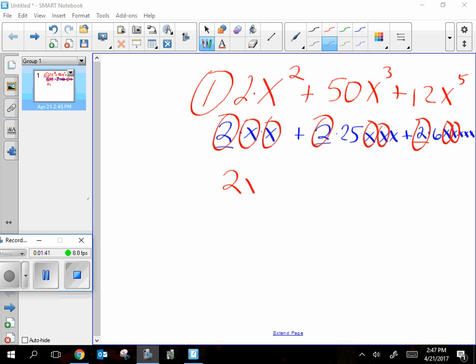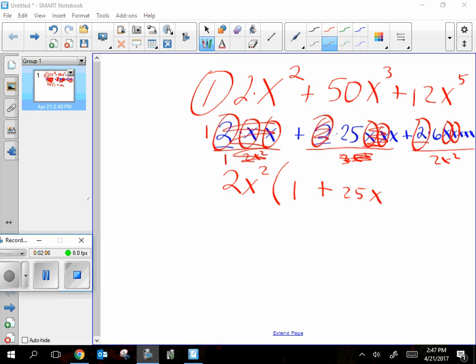So then the 2x squared comes out to the front, and what do I have left? Well, when I divide this by 2x squared, and this by 2x squared, and this by 2x squared, here's what cancels. Everything cancels here, but when it's canceling, it really is turning into a 1. So that's a 1 plus, this 2 cancels this 2, the x squared cancels the x squared, and I have 25x plus, and then this 2 cancels the 2, and the x squared cancels the x squared.